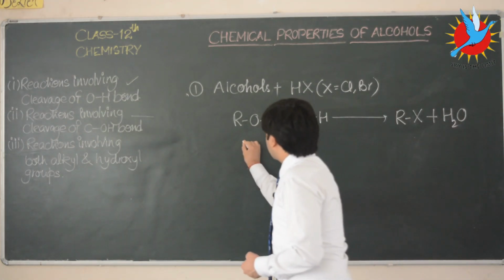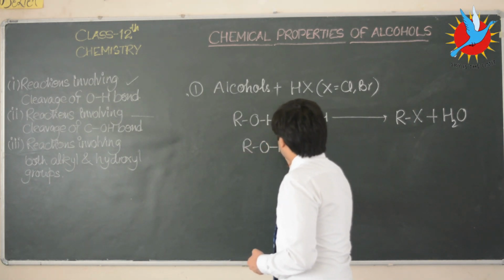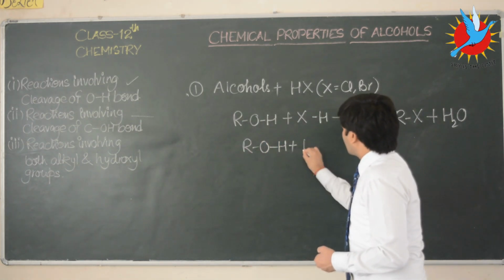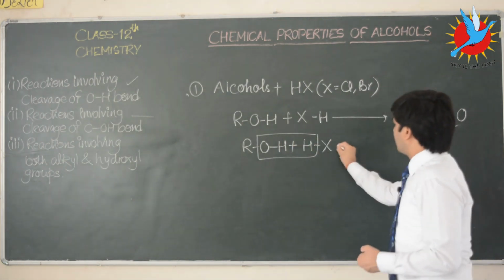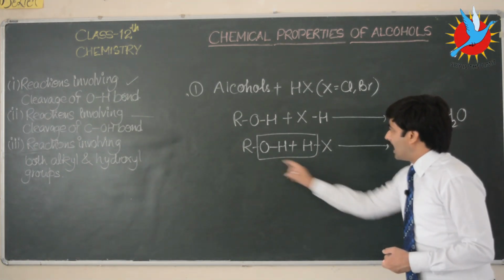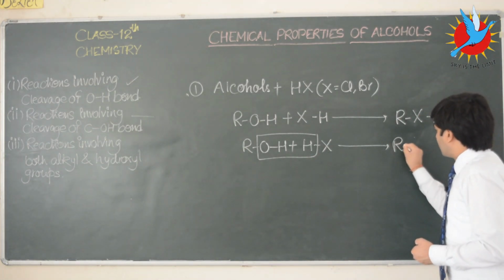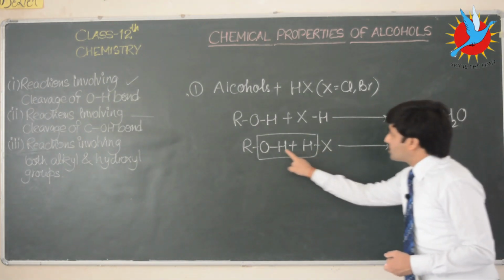We can write it in this manner: ROH plus HX. Upon reaction with HX or hydrogen halide, alcohol will form RX plus H2O.